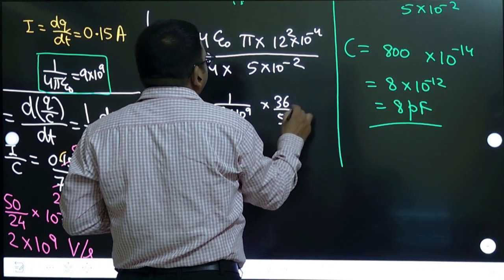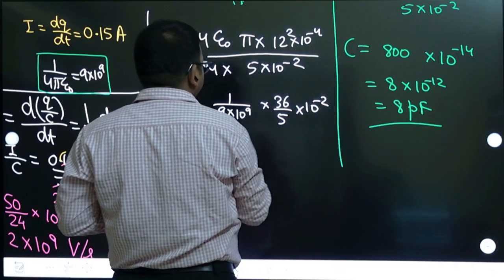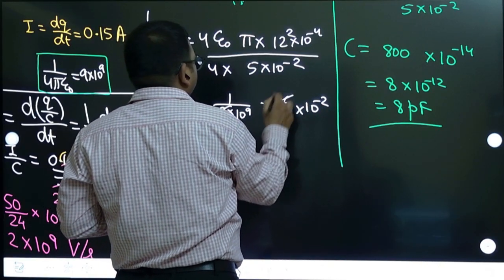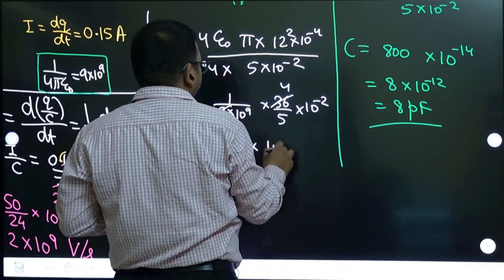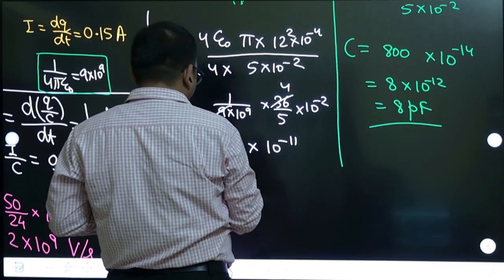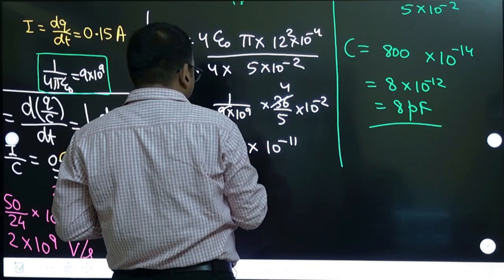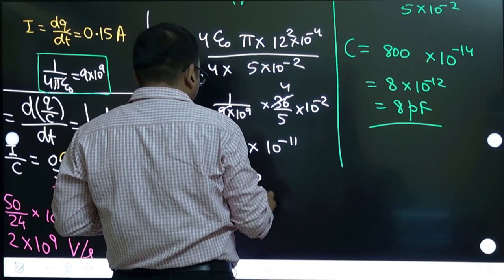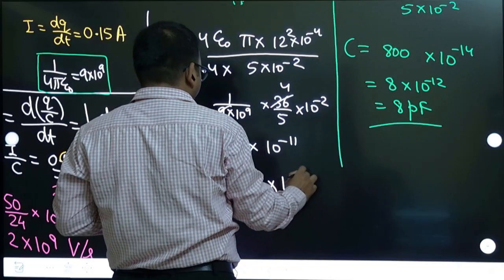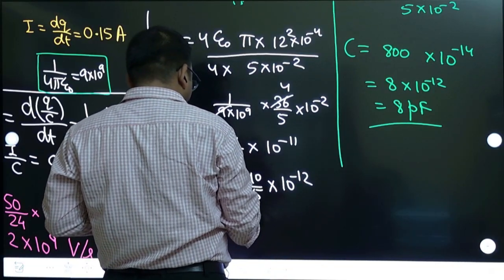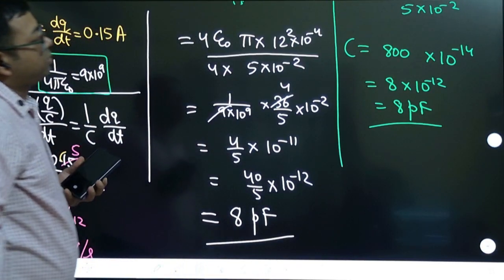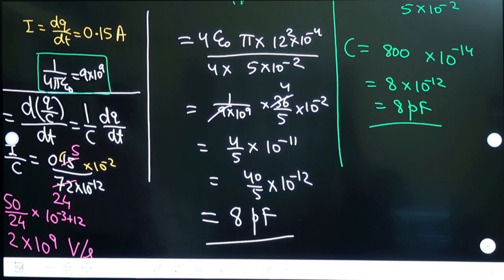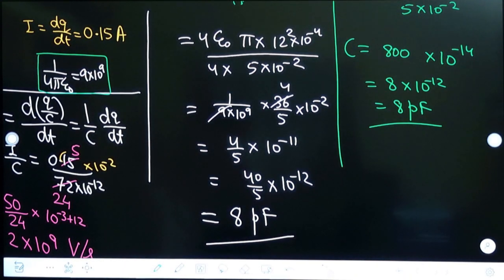And this is 5, and this is 10 to the power minus 2. Okay, 9 into 4. 4 by 5 it is coming, into 10 to the power minus 11. Then it is coming, correct? So 40 by 5 into 10 to the power minus 2. Oh, that calculation mistake has happened. Before was correct. Fine. Okay. Calculation mistake was there.